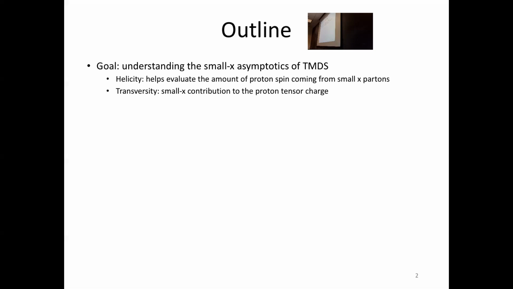But really what I'll talk about is a mechanism to, at least within perturbation theory, take any TMD you want and determine its small x asymptotics. So what I'm doing could be applied, pick your favorite TMD and follow the steps of this prescription, and you get the small x asymptotics for that TMD. At least you'll get small x evolution equations, which you then will need to solve, which may or may not be easy, but at least you know what to do to find the small x behavior of different TMDs.